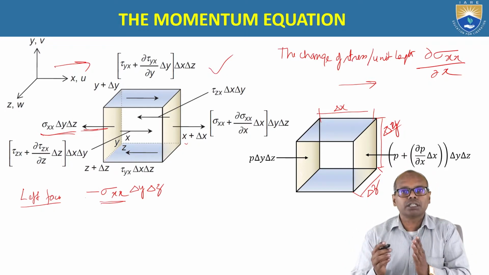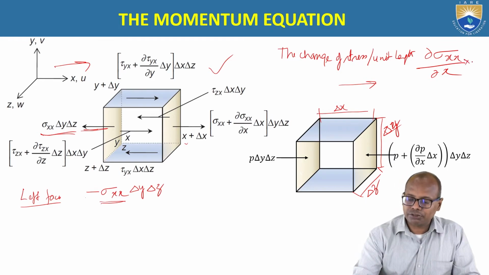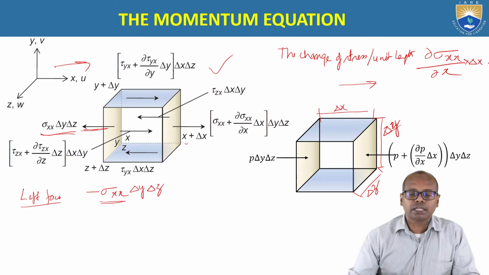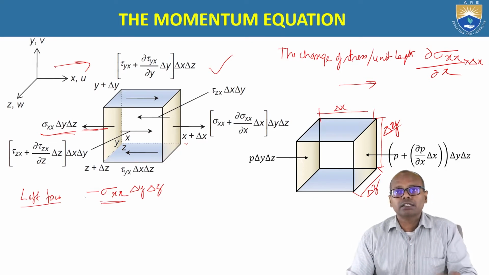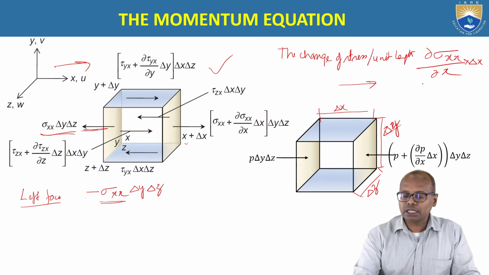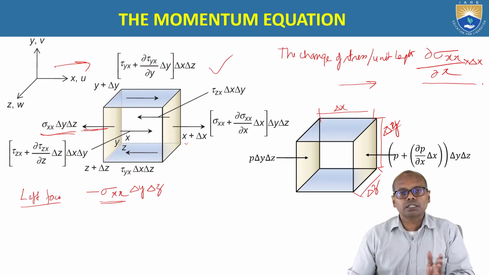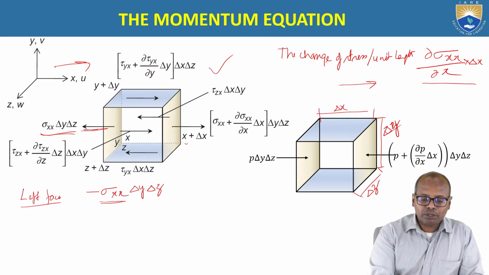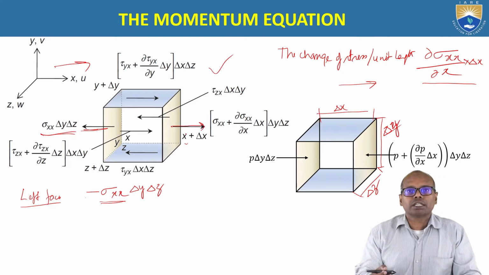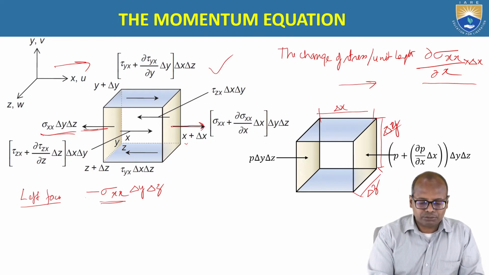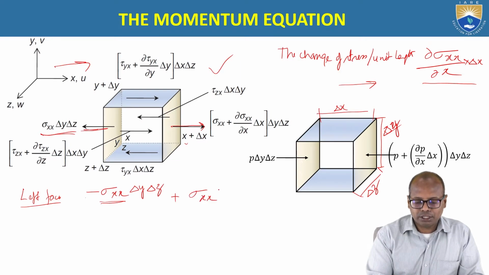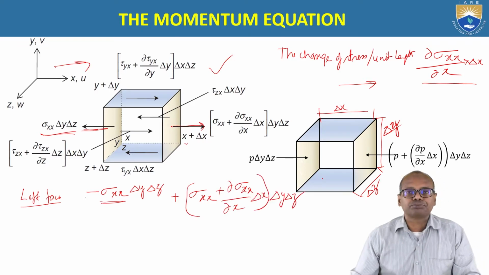Now what is the net change? Net change will be given when I multiply this with the length in x direction. The length in x direction is delta x. So this is the change in the normal stress in x direction. Now this normal stress is acting in the positive x direction, so it is a positive term. So I can write this as sigma xx plus dou sigma xx by dou x into delta x, delta y, delta z.